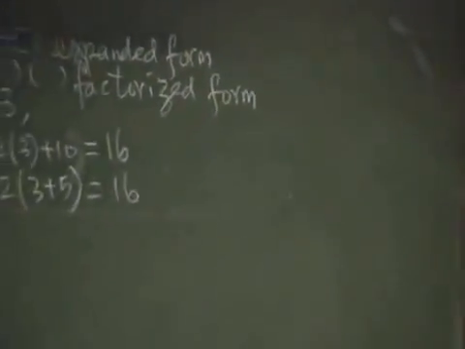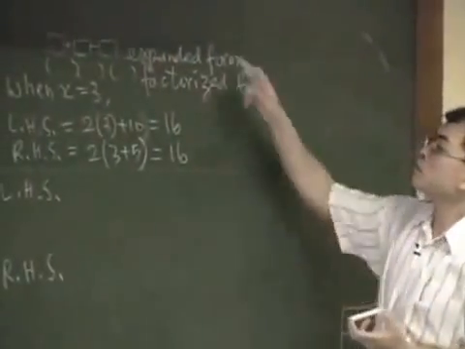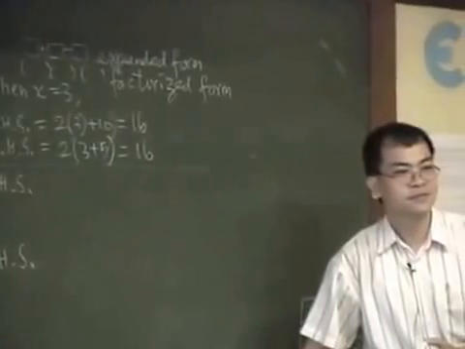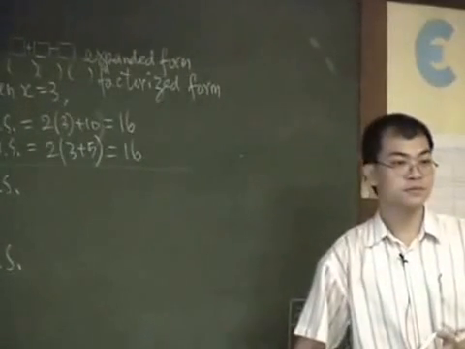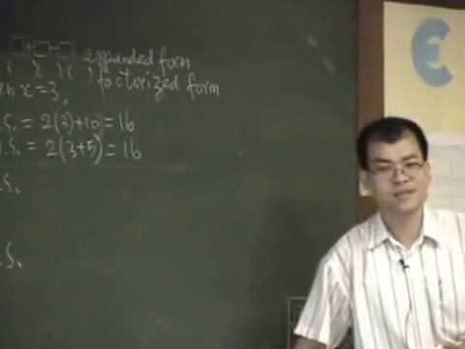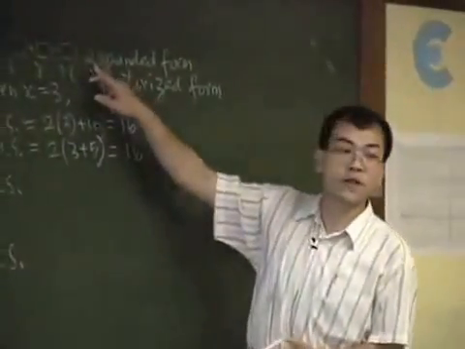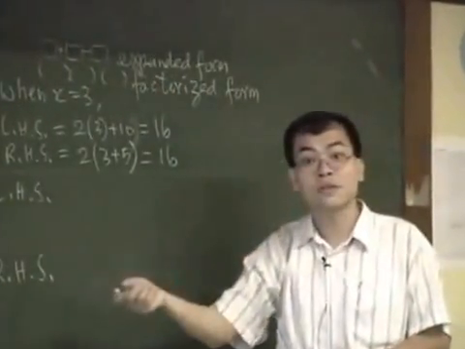Now we try to change them into the same kind of form. Which form is easier for you? Expanded form or factorized form? Some say expanded, some say factorized. In fact, if you want to find the expanded form, what are you doing? Just multiplication.